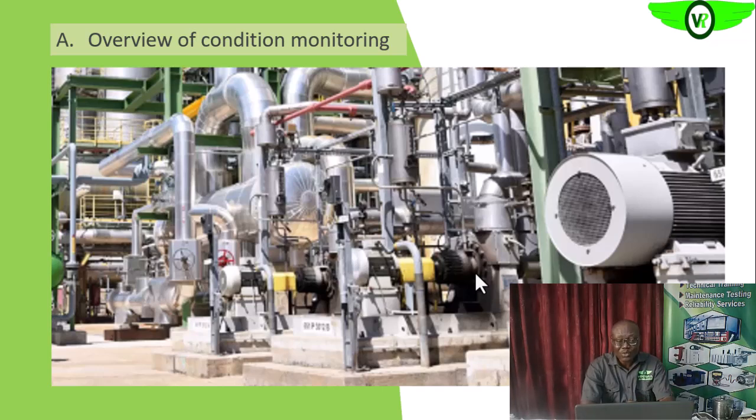That is what we are doing in condition monitoring. We look at a particular parameter that will give us an idea as to the condition of a particular component in the equipment. So we have what is normal to the operations of that equipment or to that process.